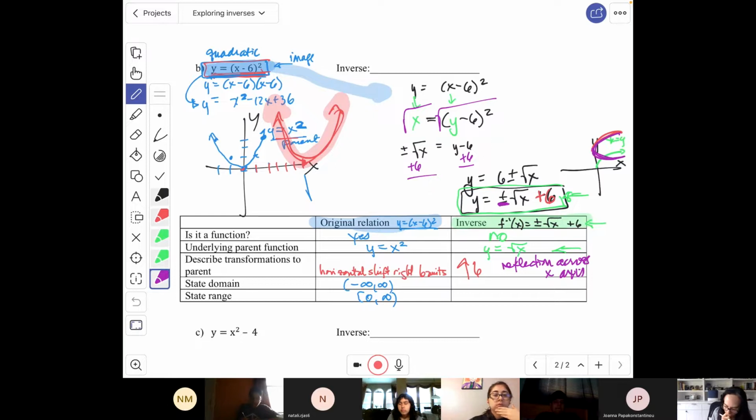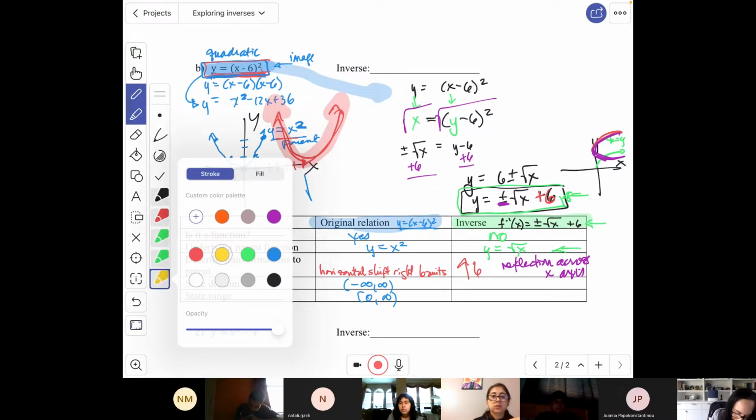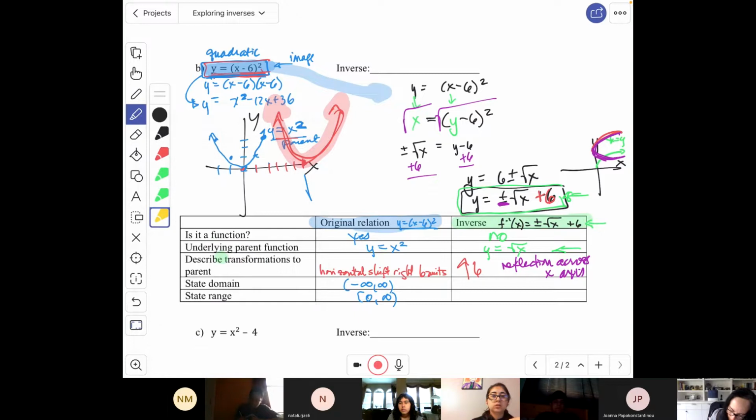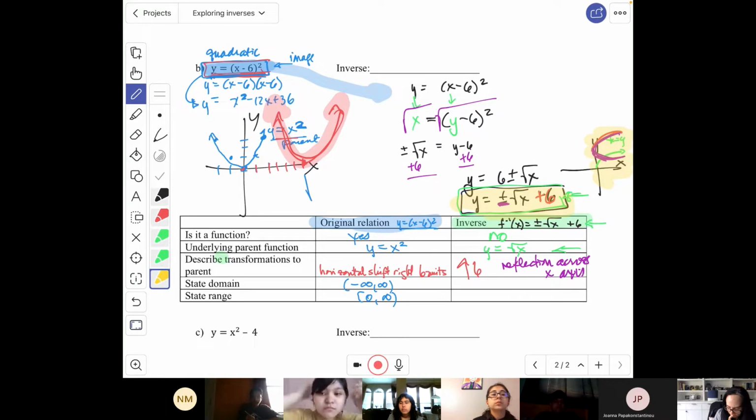Can you tell me the domain of this function? What is the domain? Can anybody tell me? 0 to infinity, including 0. Yes. And what is the range? Negative infinity to infinity. Absolutely correct.